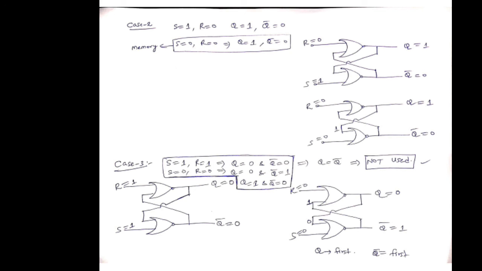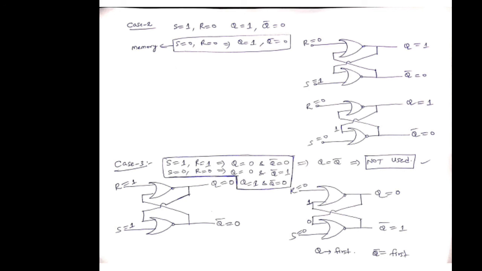It is the same. But if we consider Q bar is 0, that 0 is coming here. For 0 0 we are getting 1. That means Q is 1, Q bar is 0. For the same combination we are getting two types of output combinations.